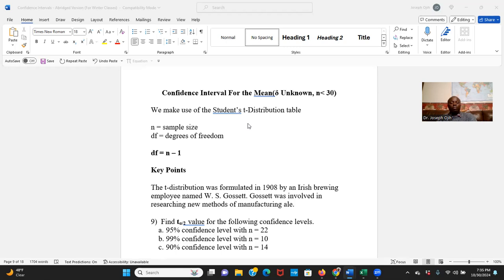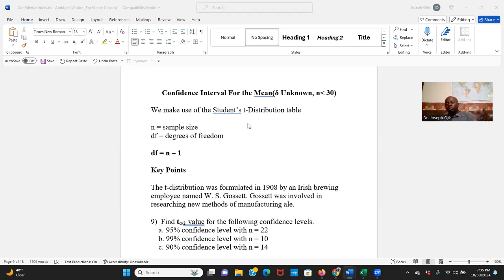The t-distribution is a table that is based on the sample size and degrees of freedom. It was formulated by an Irish brewing employee named W.S. Gosset. He was involved in researching a new method for manufacturing ale. Ale is a kind of alcohol.